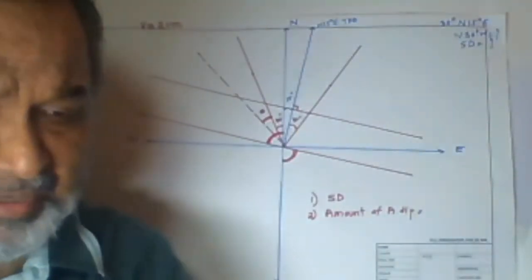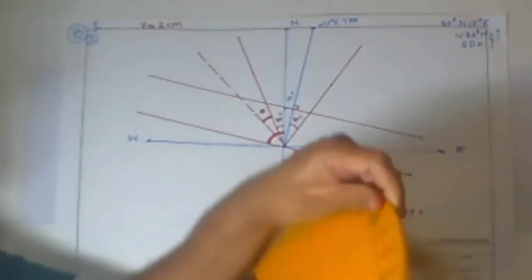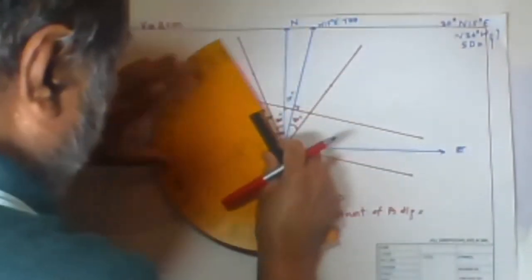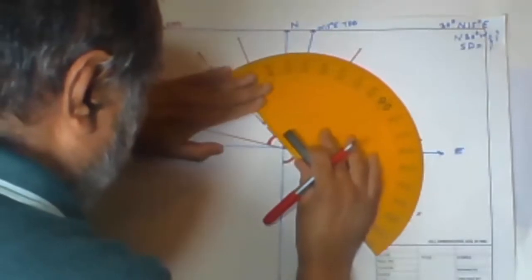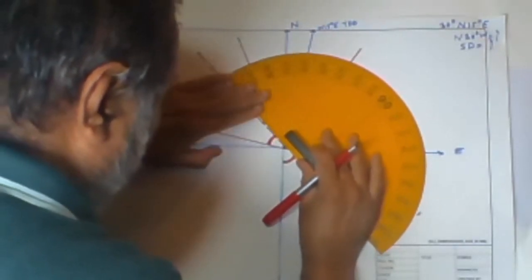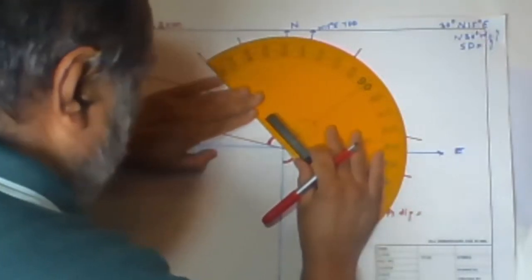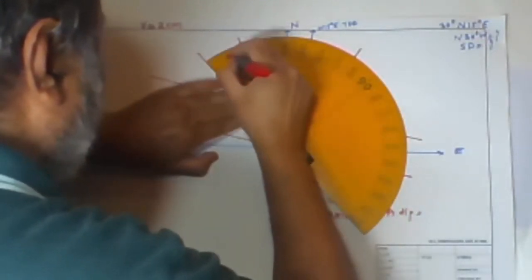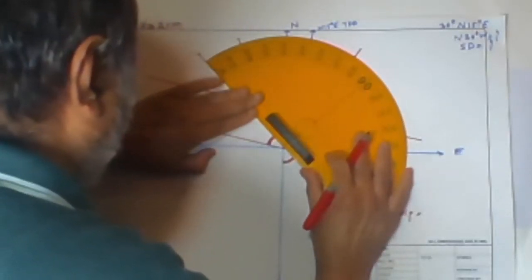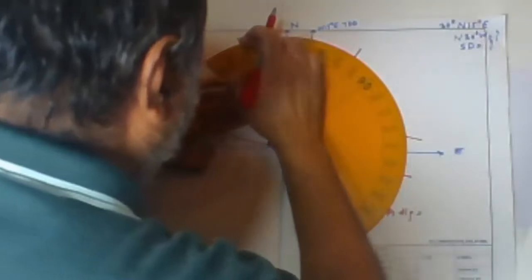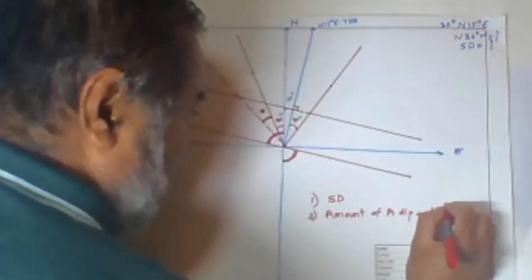With the color, we will take the black, yellow one. Use the protractor in the center. Mark out this line and measure it out. 10 is 19 degrees. So here we got 19 degrees.